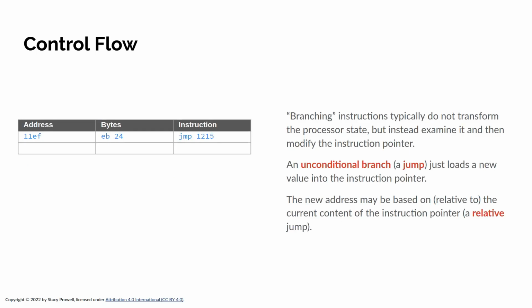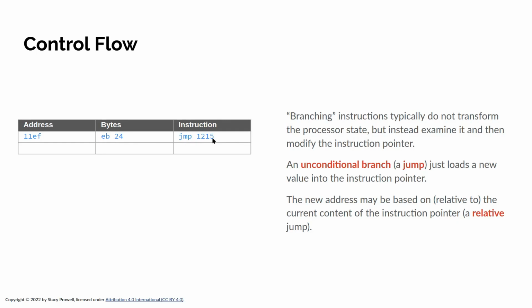Branching instructions typically don't transform the processor state, although there are a couple that do. But for the most part, when you see a branch, it's not going to modify the processor state. An unconditional branch like jump, it's not going to modify anything except EIP, or sorry, RIP. Too many things in my head. Too many E's on the screen.